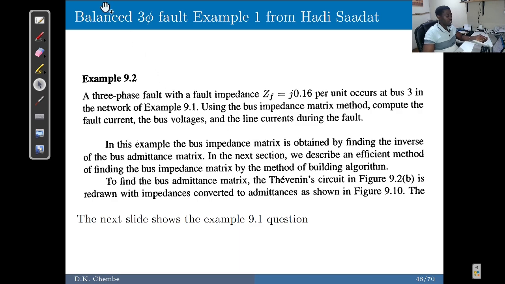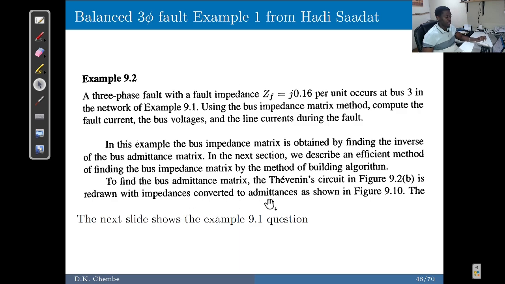Now, this scenario is a balanced 3-phase system. Okay, so in this example, the bus impedance matrix is obtained by finding the inverse of the matrix, like we said. And if you check 9.5, like I said, you can see the other methods to build the bus impedance matrix.